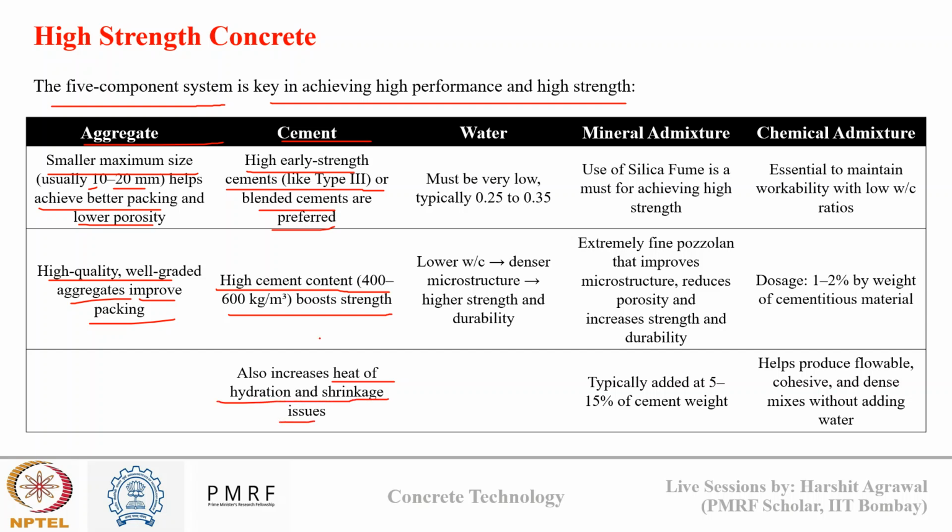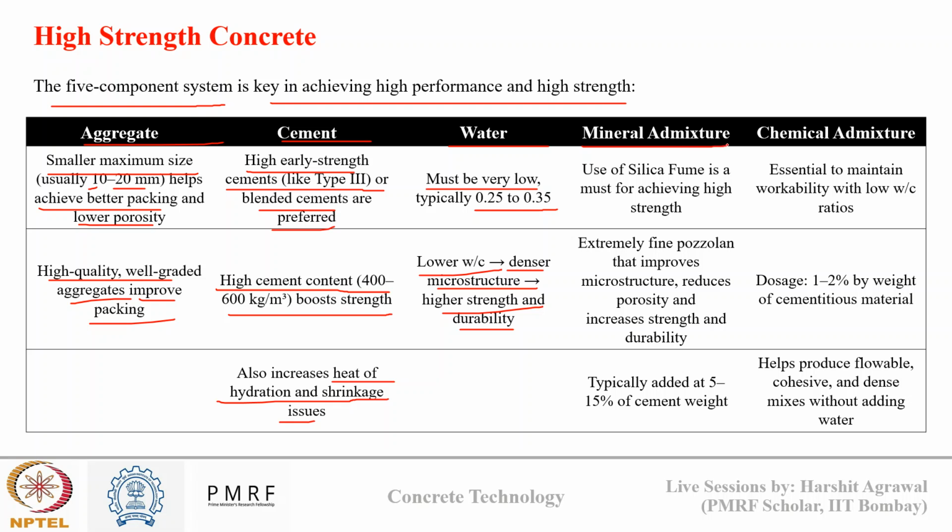These two are major issues with high strength concrete. Then water. Water must be very low. Generally water to cement ratio is kept between 0.25 to 0.35, because as we lower the water to cement ratio, we get a denser microstructure with lower porosity, which increases the strength as well as durability.